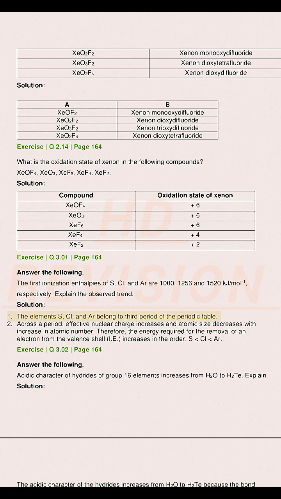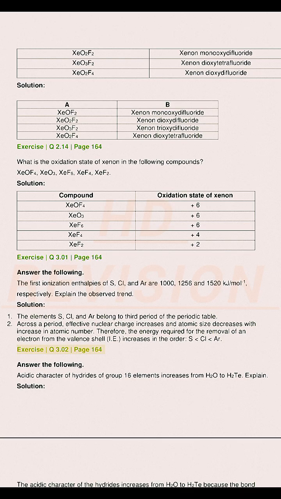The elements S, Cl, and Ar belong to the third period of the periodic table. 2. Across a period, effective nuclear charge increases and atomic size decreases with increase in atomic number. Therefore, the energy required for the removal of an electron from the valence shell increases in the order S less than Cl less than Ar.